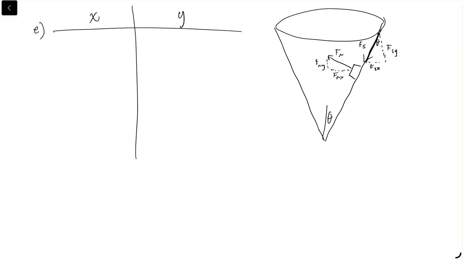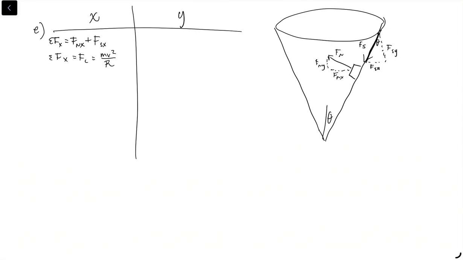So we can start off in the net force in the x direction. We can expand this to Fnx. And then Fnx is going towards the center. And we see that Fsx is also going to the center. So we can add them. And net force in the x direction is also equal to Fc, which is mv squared over r.